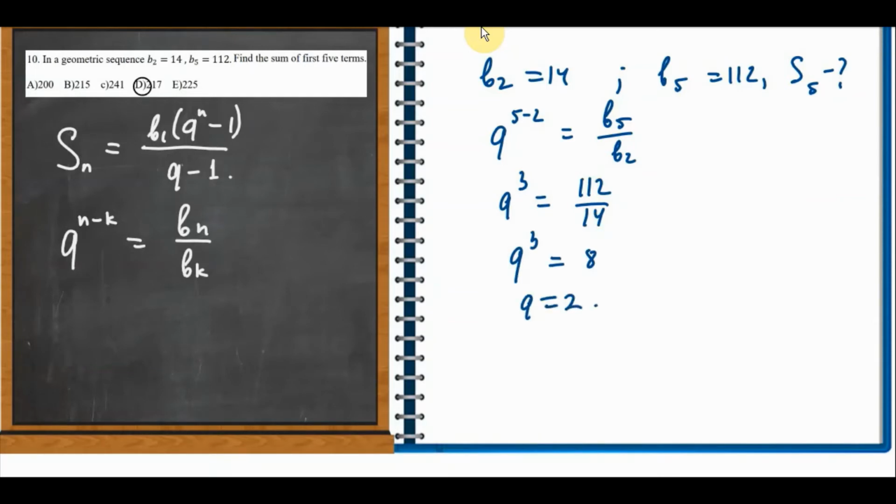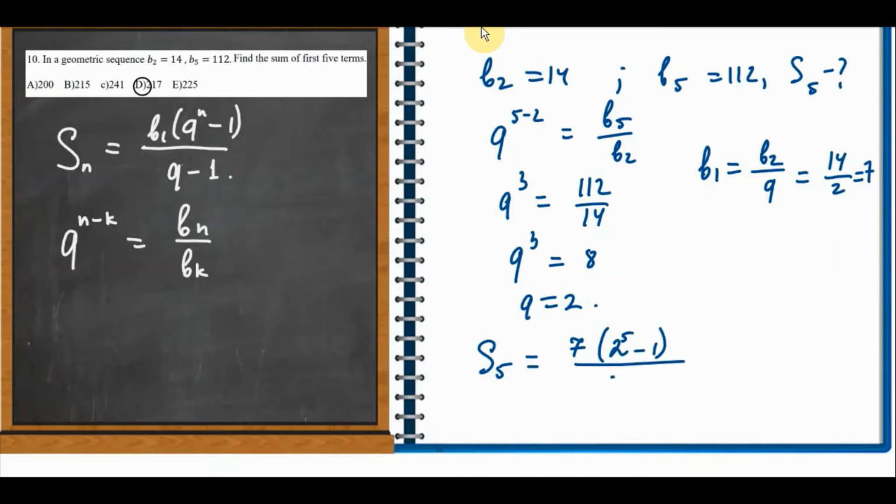Now if we know q, b1 is going to be b2 over q, and that will be 14 over 2, which is 7. How to find S5? It's b1, in the formula we write 7 times q to the power of n, 2 to the power of n, which is 5, minus 1 over q minus 1, 2 minus 1. So 7 times 32 minus 1, which will be 31, over 1.